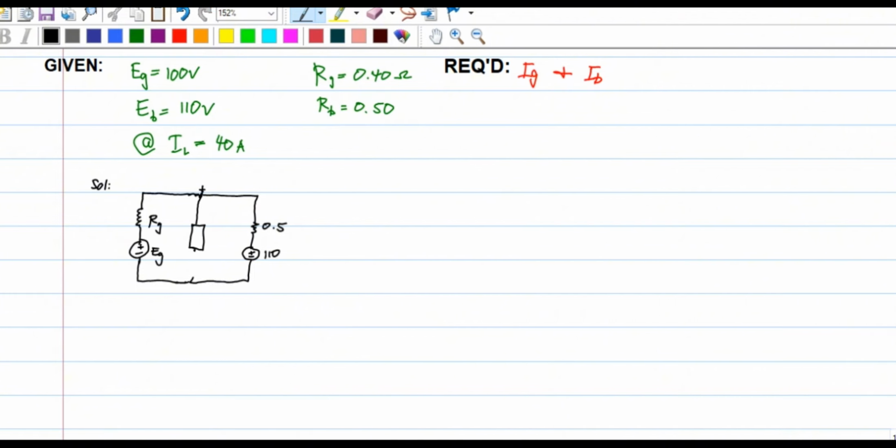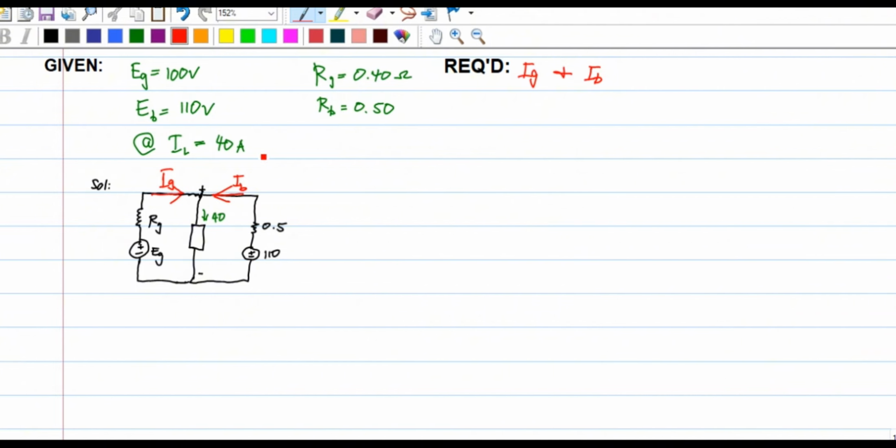If the load current is 40, what is the current from the generator, which is IG, and from the battery, which is IB?